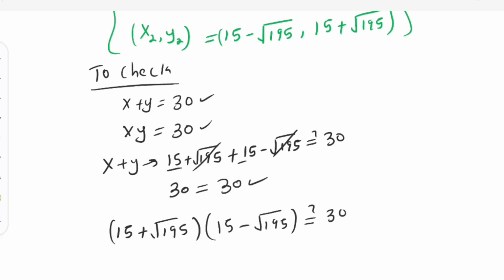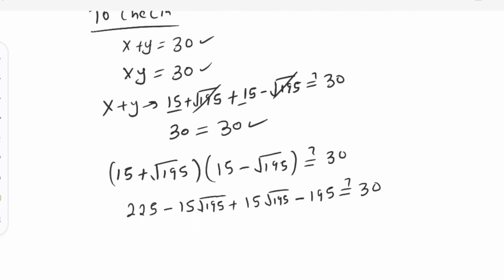Then here we have 15 times 15, that is 225. Then minus 15 multiplied by root 195, this is 15 root 195, plus root 195 multiplied by 15, this is 15 root 195. Then plus root 195 multiplied by minus root 195, that is minus 195.